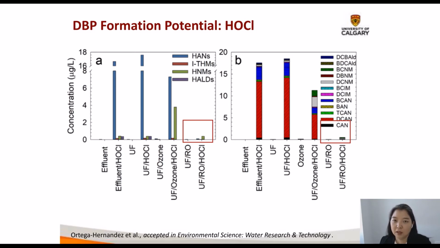And so if there's less precursors, you're going to see less disinfection byproducts as well. However, within these chemical classes, we do observe nitromethanes, in this case, dichloronitromethane and bromochloronitromethane, and one haloacetonitrile and an iodo-THM.